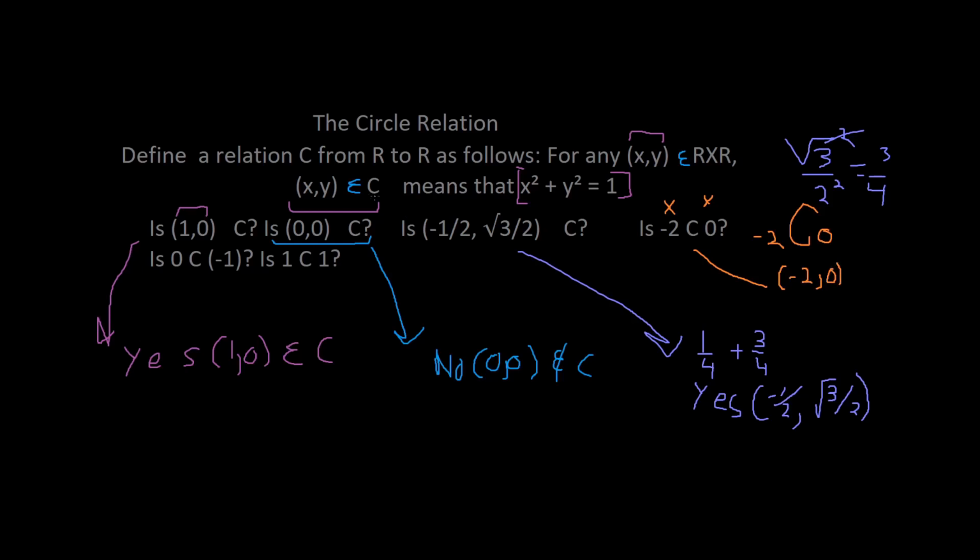Let's just say function for now. Let's play ignorance and think that a circle is a function. We say, oh no, it's not part of our function. So we say no. Right here, no. Our ordered pair is not an element of C.